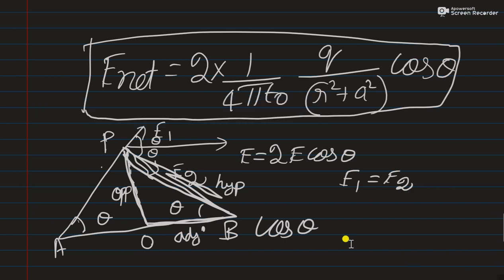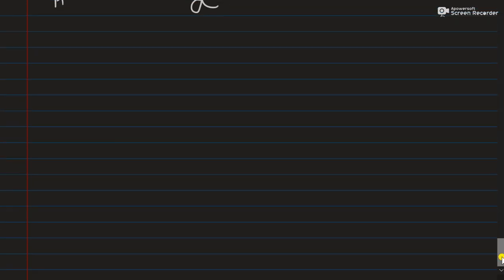Tell me what is cos theta for this triangle. It's going to be A, it's going to be R. OB by PB, sir.